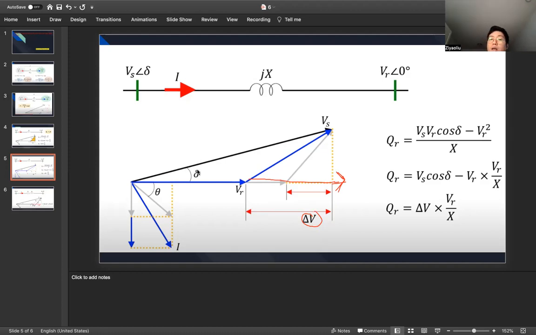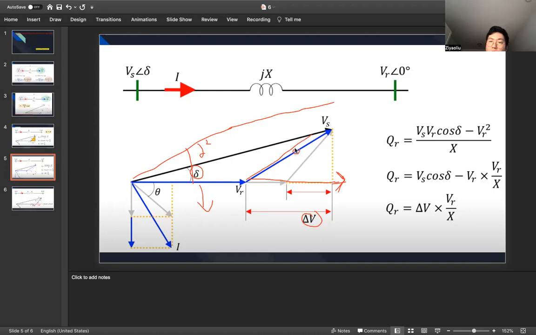Depending on the angle, if the angle is big, how could it be the same? This angle I call theta 2. And if theta is smaller, we will say this blue line is the voltage drop here.